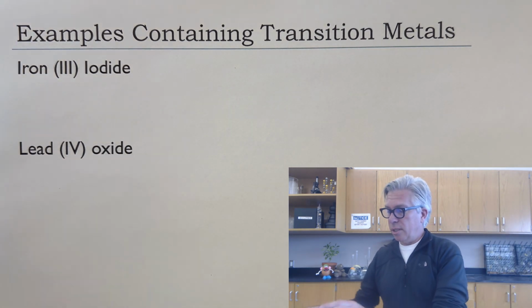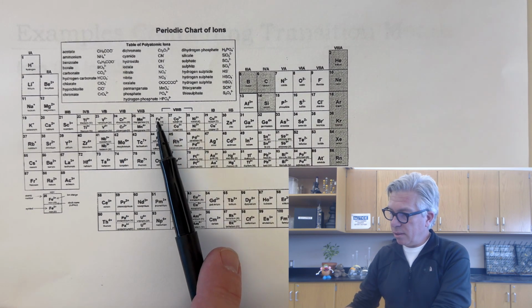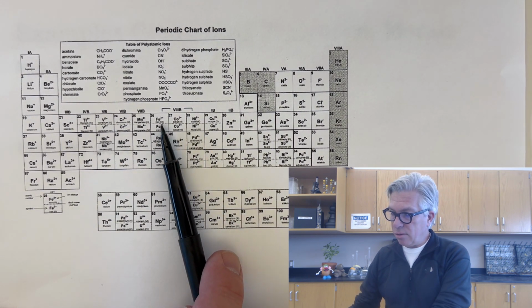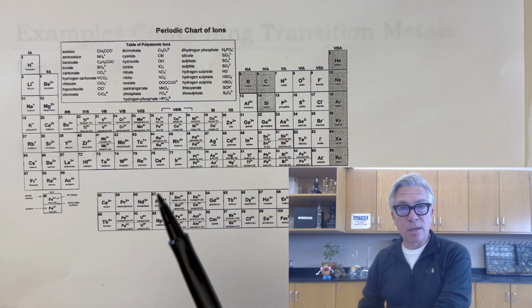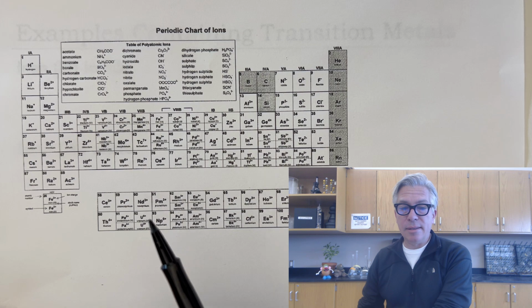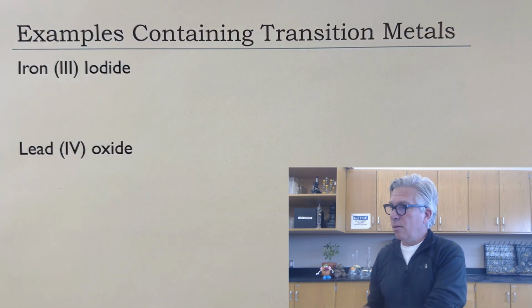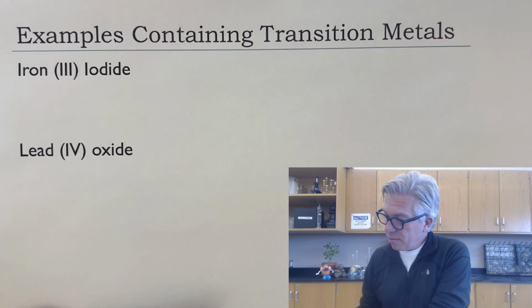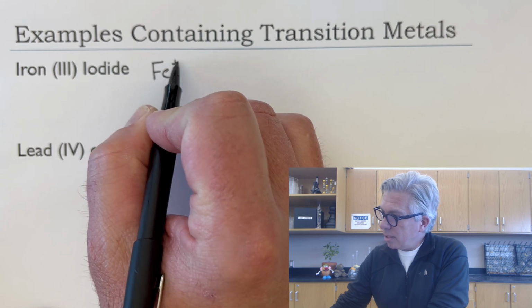Okay, so let's take a look at this thing again. Iron does have, in this case, more than one charge, so +2 and +3. There is a +6. A resource like this sometimes just gives you the two most common ones, but there's a lot of options out there. But the Roman numeral is going to tell us which one is which. So we have iron 3 iodide. So let's just take a moment and write down the charge, Fe plus 3.